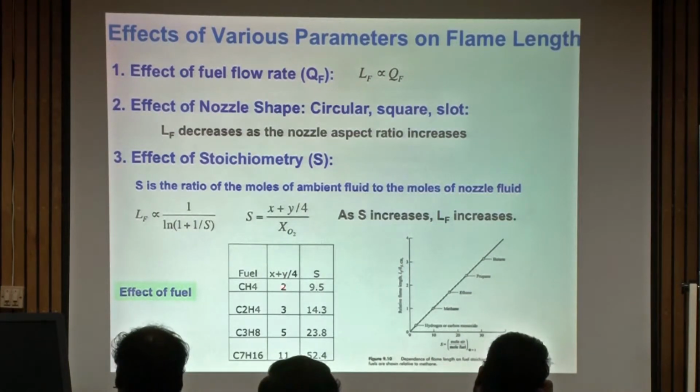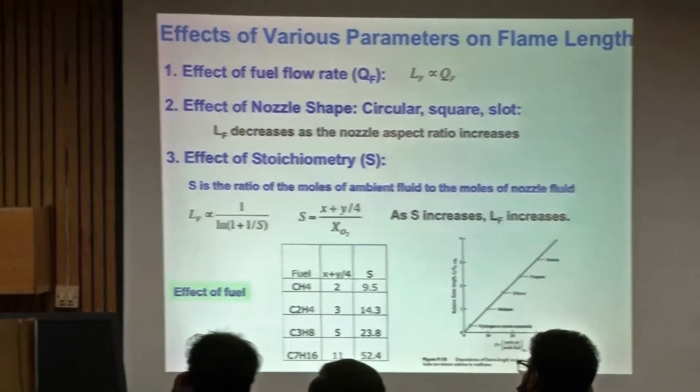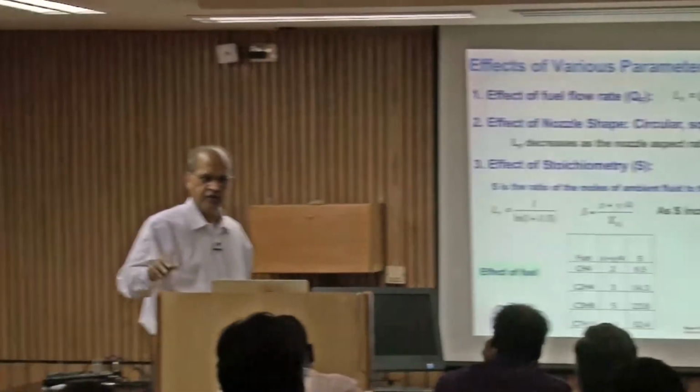So every 1 mole of oxygen corresponds to 4.76 moles of air. But if you change the amount of oxygen in air, then that 4.76 will also change. Let's say, for example, if 20% oxygen instead of 21%, then the 4.76 will become 5: 1 mole of oxygen and then 4 moles of nitrogen. Then the S value will also change.